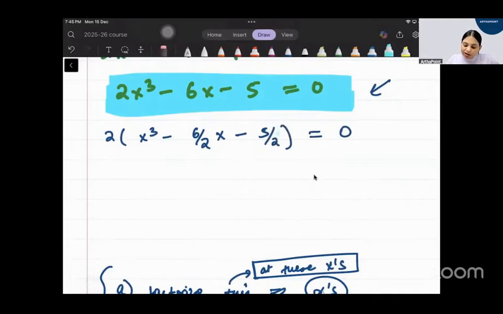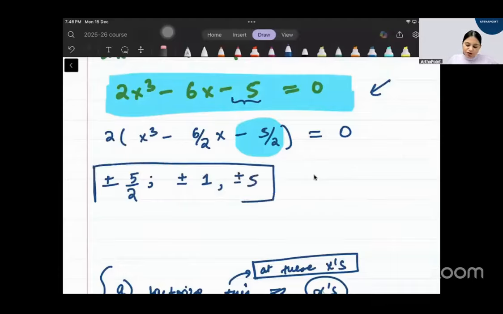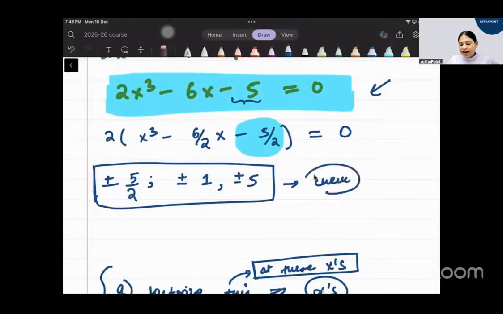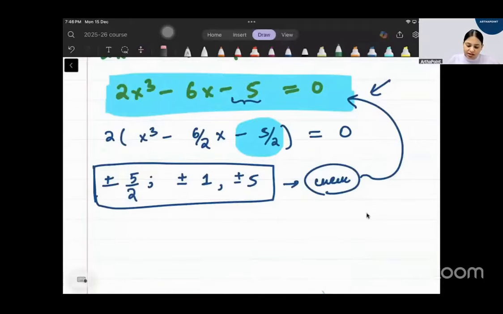So usually, whatever your constant is, you try to check at that. So since the constant is 5/2, I will check at plus minus 5/2. And because 5/2 is nothing but 5/2 into 1, you can check at plus minus 1. And you can check at this main factor, meaning you can check at plus minus 5. So at these x's you will check whether anywhere it is becoming zero or not. And if it is not becoming zero anywhere for all the x's we have written here, you will simply say that it cannot be factorized, right?